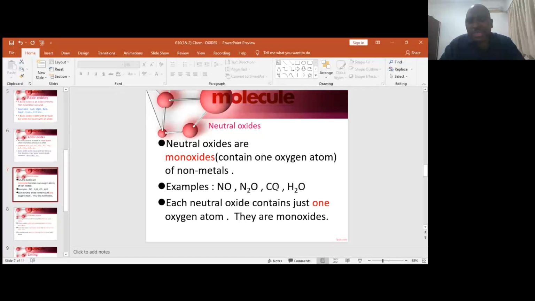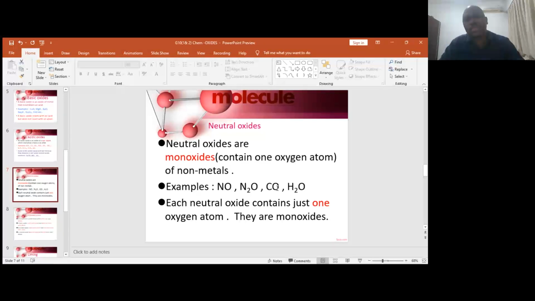So what it means is that CO2 is an acidic oxide, but CO is a neutral oxide. You get it? So NO2 is acidic, but NO is neutral.